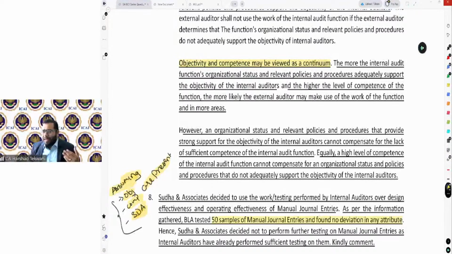The sample size can be 25 for the medium and 40 for the higher side. And they have already tested on the higher side, so I don't think the sample size is a problem here.